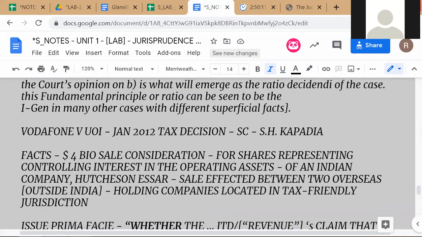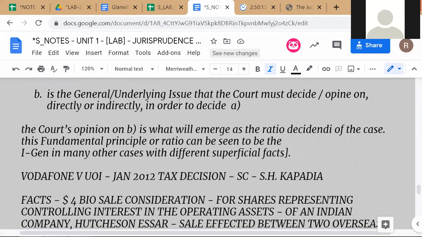When you state the underlying issue and look at the decision of the court, it makes it much easier to identify the ratio decidendi of the case. That is what was effectively held in the case, right? So in what way was the underlying issue decided? That connects to the ratio decidendi.